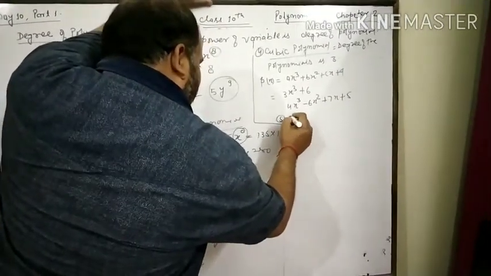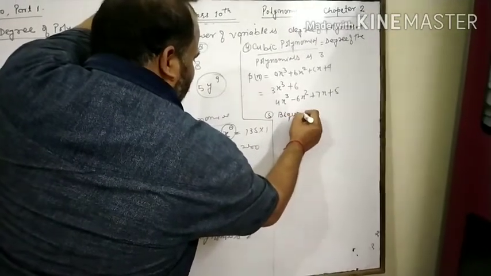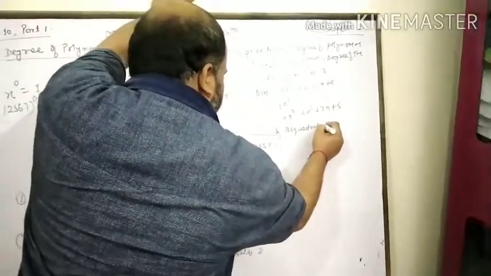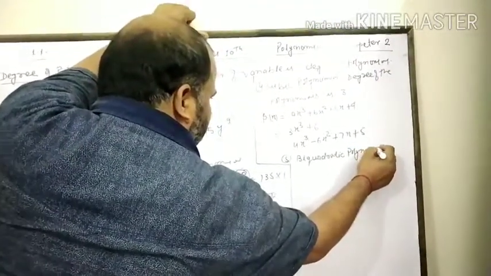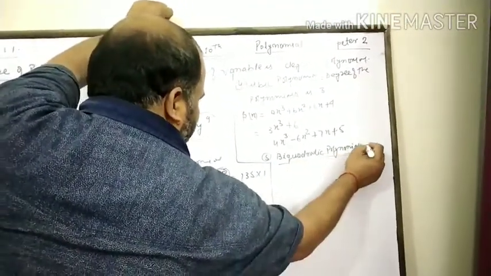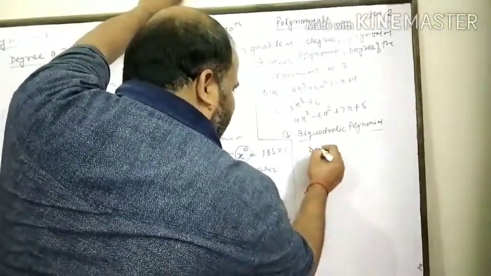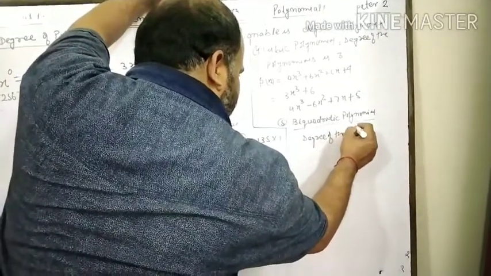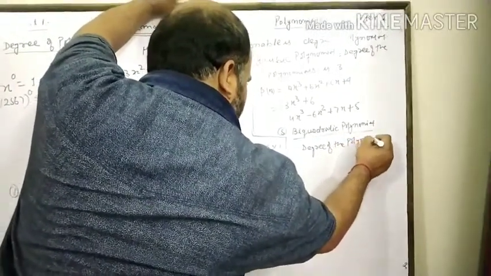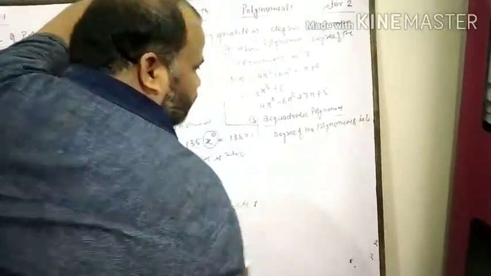Then after that, the fifth one is called biquadratic. Biquadratic polynomial means the degree of the polynomial is 4.